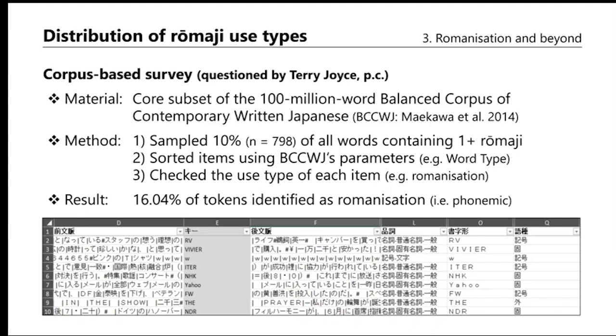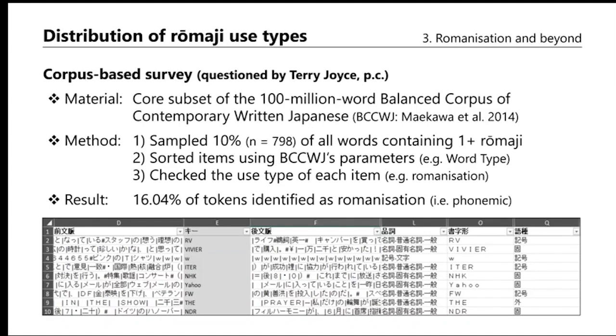The material is the core subset of the 100 million word Balanced Corpus of Contemporary Written Japanese. And the method is, excuse me, I sampled 10% of all words that I could download from that website. The number was about 800 words, of course, containing one or more Rōmaji graphemes.